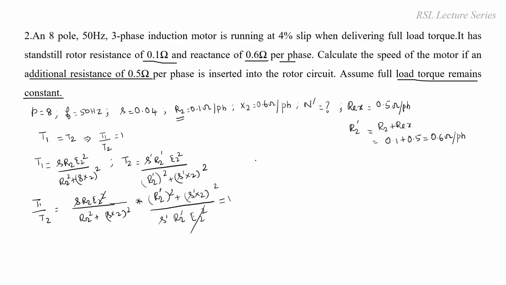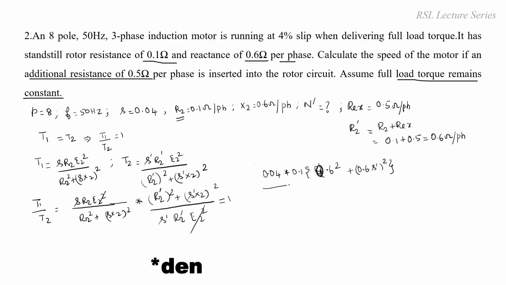Now we'll substitute all the values one by one. S is 0.04, R2 value is 0.1, multiplied by R2 dash square, that is 0.6 square, plus S dash, which we have to find out, into X2, which is 0.6, whole square.